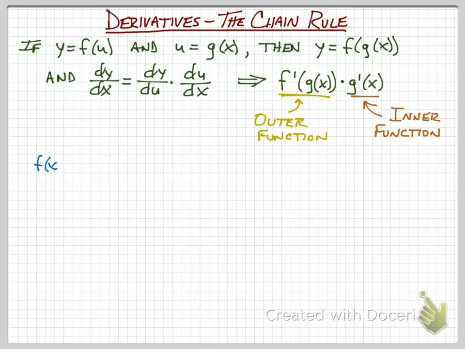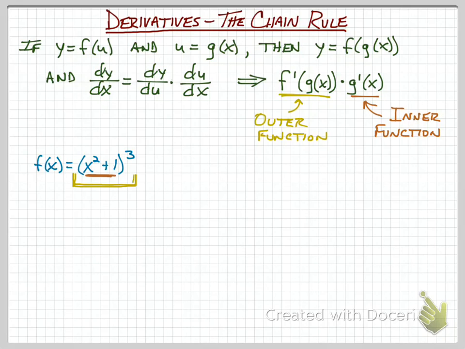So let's look at an example. Let's say we've got f of x equals x squared plus 1, all cubed. We first want to find our inner function. Our inner function is x squared plus 1, and our outer function is the x squared plus 1 cubed, kind of the whole thing.